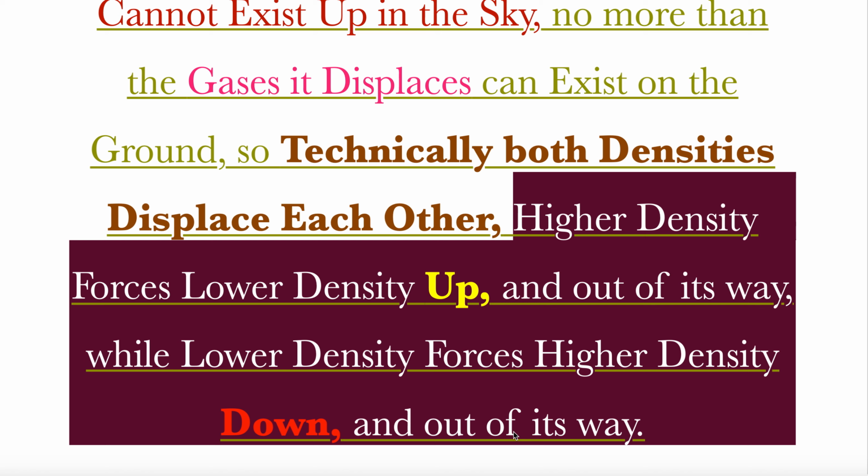I'm just saying that's the way it works. So the higher density is forced down because it can't stay up there, the same way as the lower density is forced up because it can't stay down here. If you're talking about gases and lead, two completely different densities, one can exist in the air and one cannot. One has to exist on the ground.